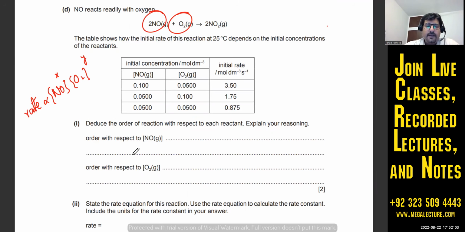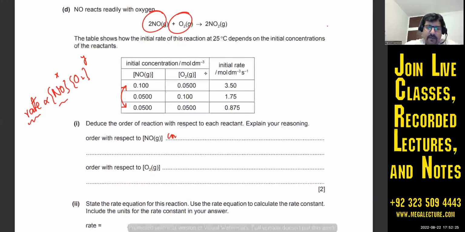So we need to figure out, when you're trying to figure out rate with respect to NO, you want to keep O2 constant, so you're going to compare the first with the third one.